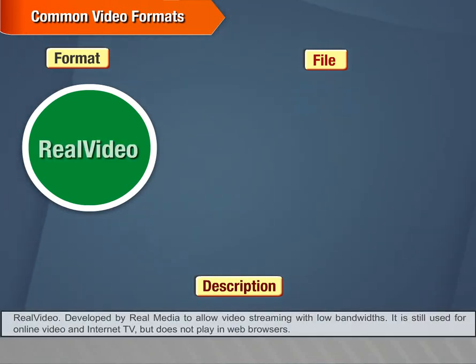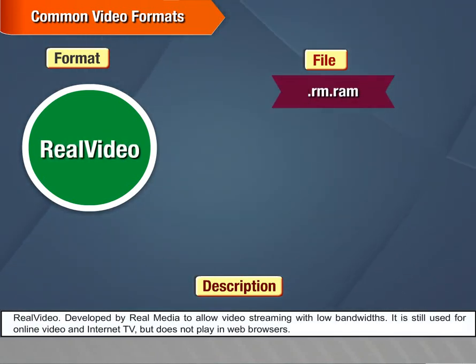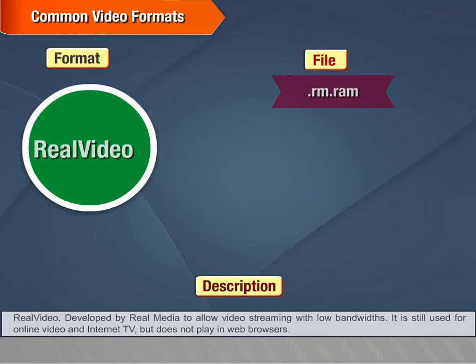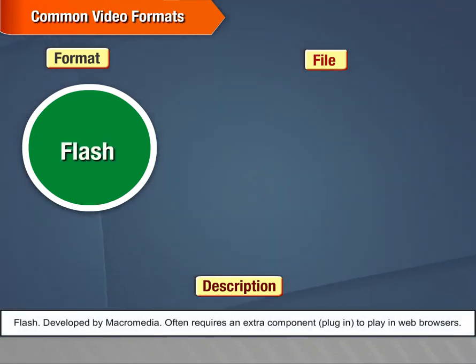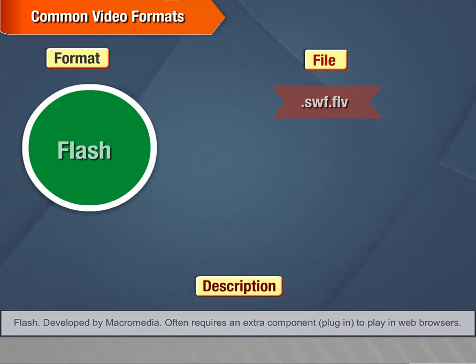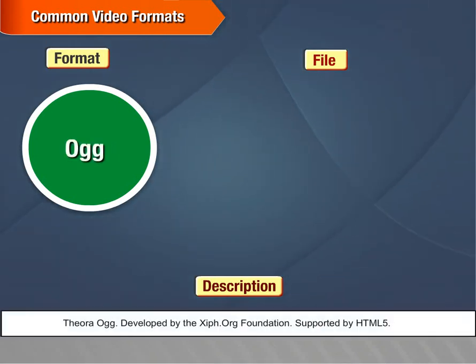Real Video, .rm, .ram. Real Video, developed by Real Media to allow video streaming with low bandwidths. It is still used for online video and internet TV but does not play in web browsers. Flash, .swf, .flv. Flash, developed by Macromedia, often requires an extra component, that is a plug-in, to play in web browsers. OGG, .ogg.